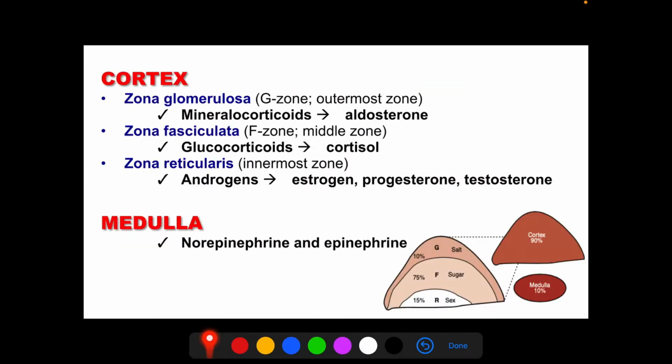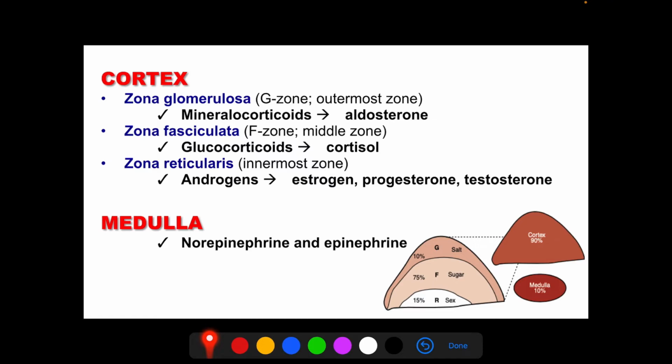If we take a look at the structure of the adrenal glands, we can see that they are composed of distinct but conjoined glands. Distinct because the cortex is distinct from the medulla, but conjoined because we have the outer adrenal cortex, which makes up about 80 to 90%, and the inner medulla, which contributes 10% of the total adrenal weight.